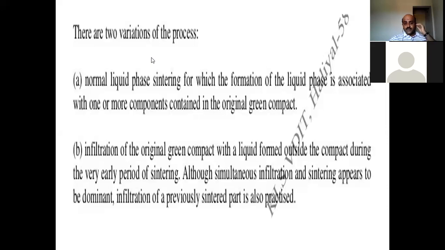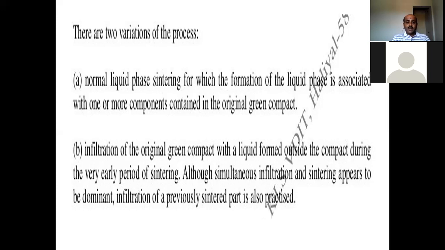You are going to use the liquid phase either throughout or for part of the cycle. There are two variations of the process. The first variation is normal liquid phase sintering, for which the formation of the liquid phase is associated with one or more components contained in the original grain compact.